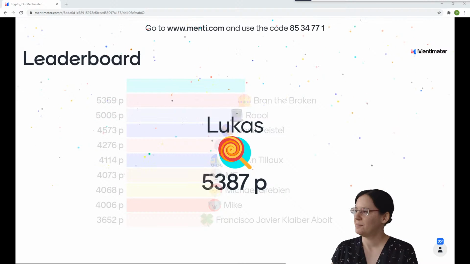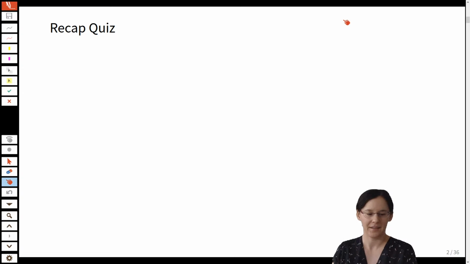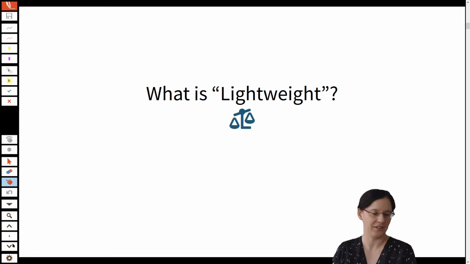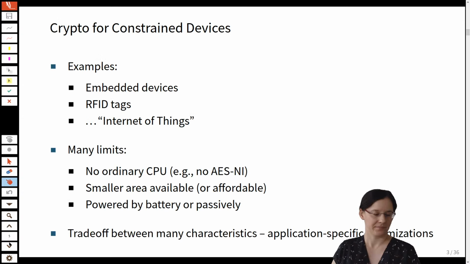Okay, then let's head back to the actual lecture and to the question of what lightweight designs are, since this is the main topic for today. So, by lightweight cryptography, we always mean cryptography that is intended for devices which are in some sense constrained.